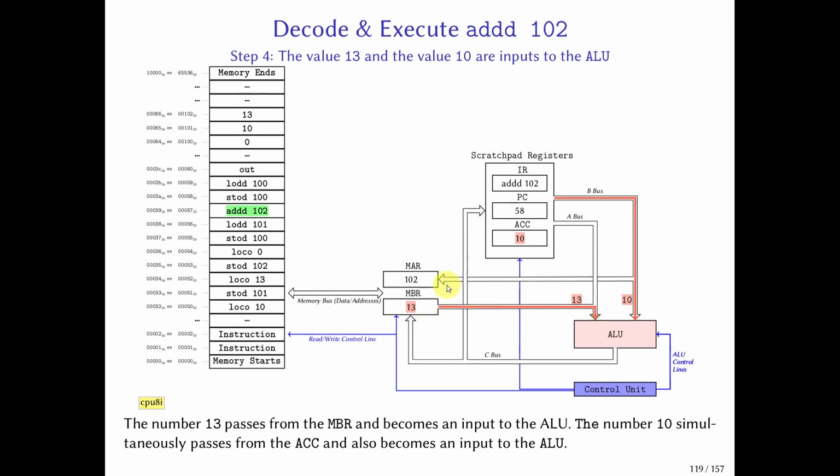At the same time that the value 13, which of course is the value of B, is being asserted as an input into the ALU, the control unit also arranges for the value of the accumulator, which is 10, which I'm sure you'll remember is the value of the variable A, to also be asserted as an input to the ALU. Remember that the ALU had 2 inputs when we studied it previously. It had an A input and it had a B input. So the 2 numbers being asserted here as inputs to the ALU are 13 and 10.